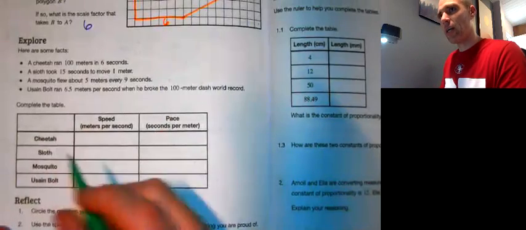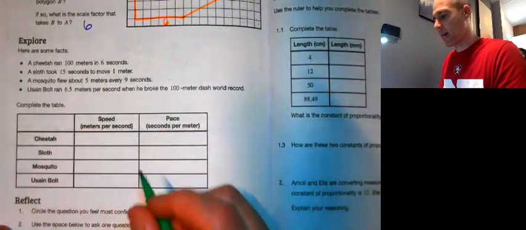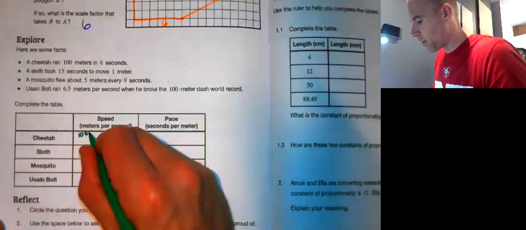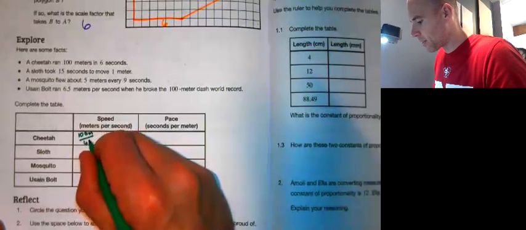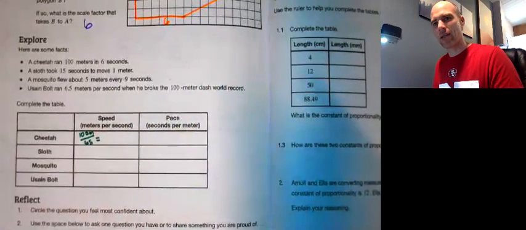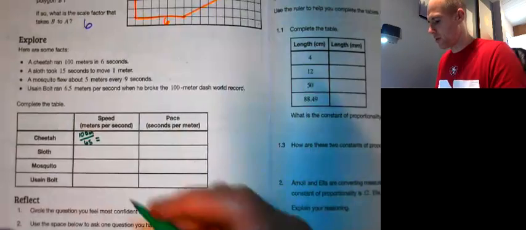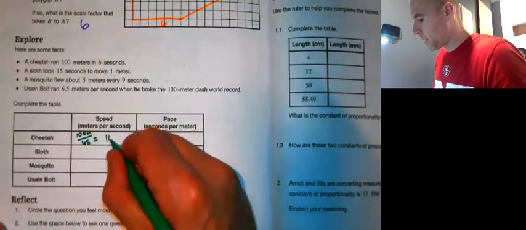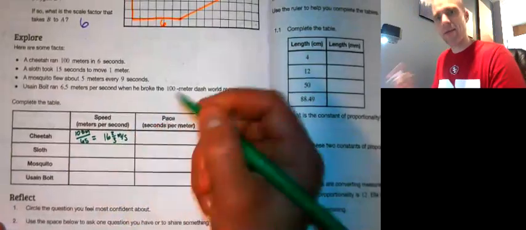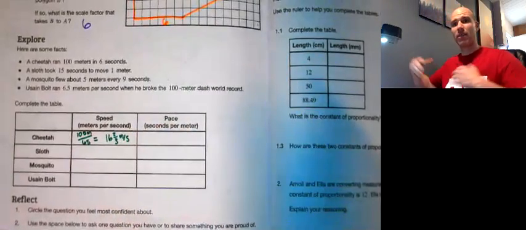So let's see here. The cheetah ran 100 meters in 6 seconds. So that's 100 meters divided by 6 seconds. 100 divided by 6, I'm pretty sure that's 16 2/3 meters per second. Every 1 second, this cheetah is covering 16 meters.